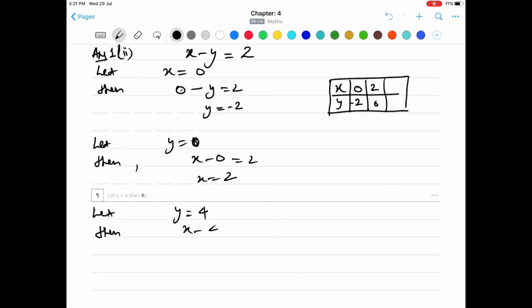We have x minus 4 equals to 2, or x equals to 2 plus 4 equals to 6. So at y equals to 4, x is 6. So now we got 3 points to represent this line on the graph paper.